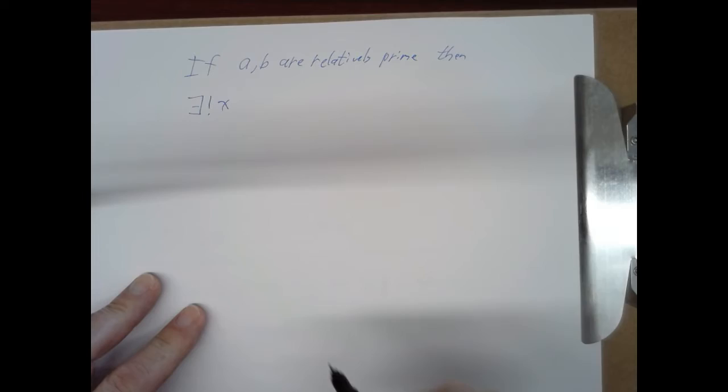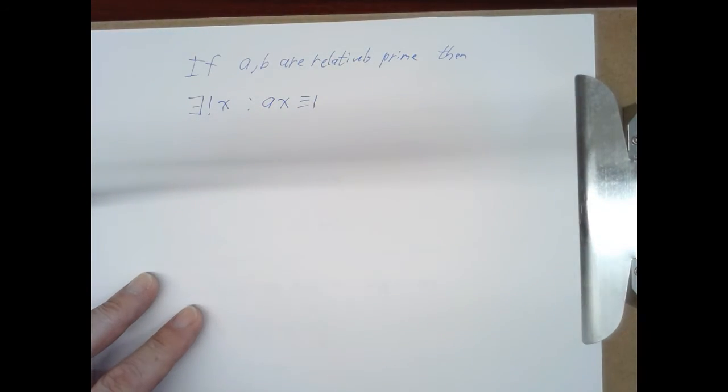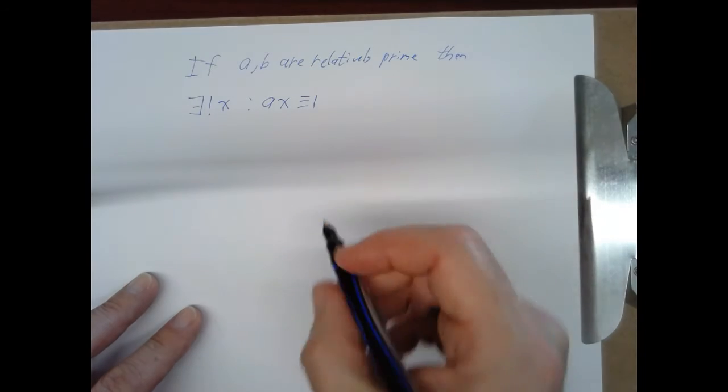So there exists a unique x such that a times x is congruent to 1 modulo m.